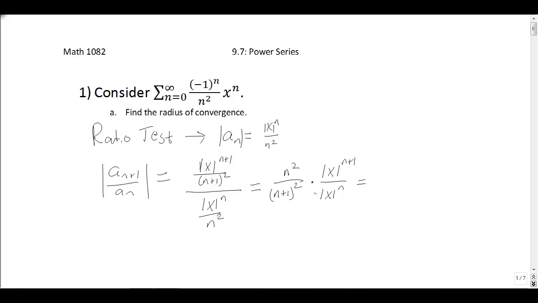I'm just going to leave the n squared over n plus 1 squared alone, and absolute value x to the n plus 1 over absolute value x to the n gives me an absolute value x, since n plus 1 minus n is just 1. Okay, so I get that.